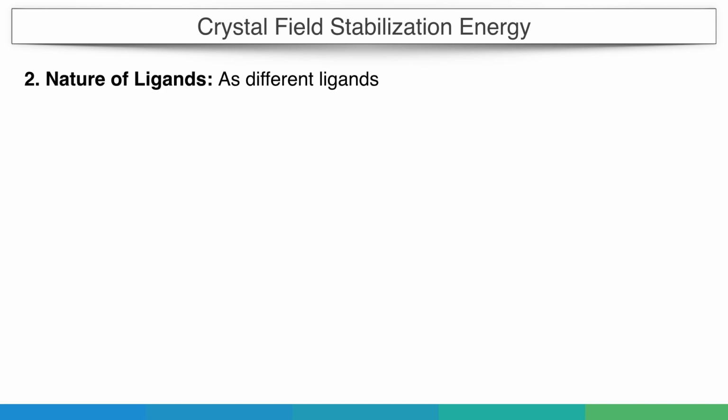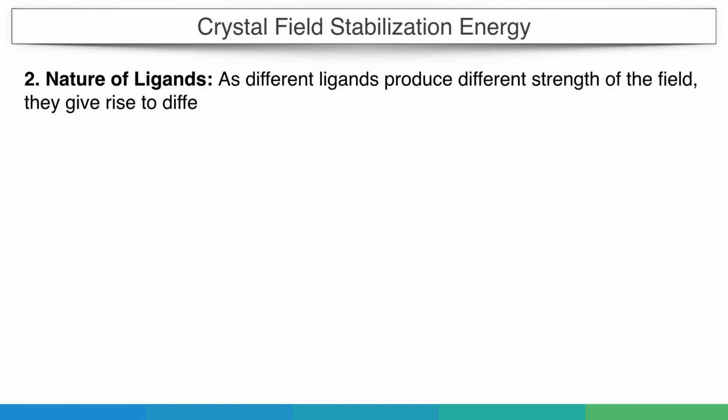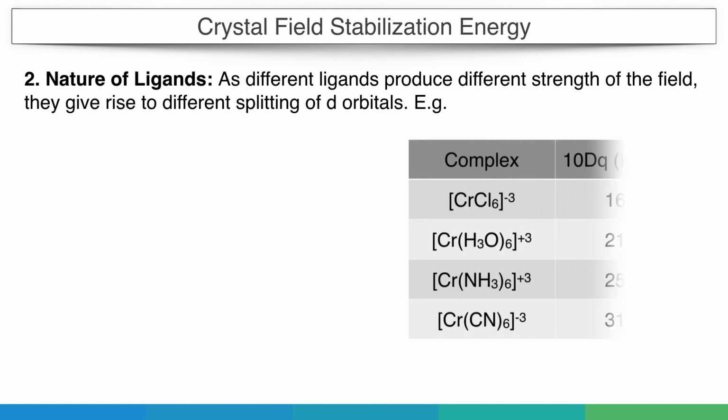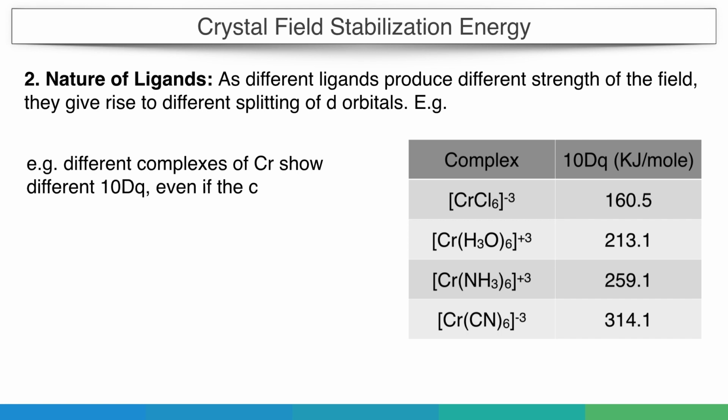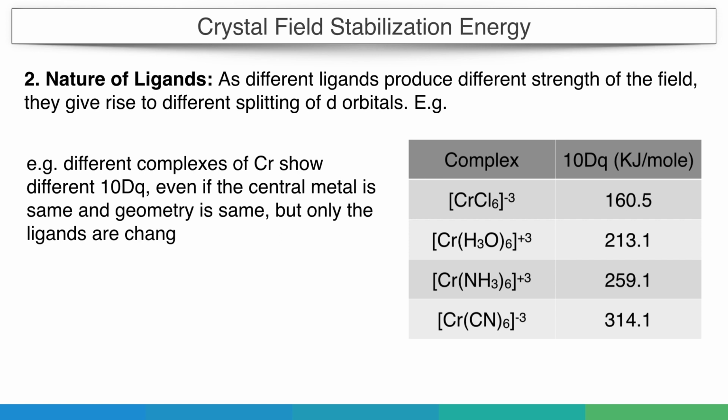As different ligands produce different strengths of field, they give rise to different splitting of d orbitals. For example, different complexes of chromium show different 10 Dq values, even if the central metal is the same and geometry is the same, but only the ligands are changed.